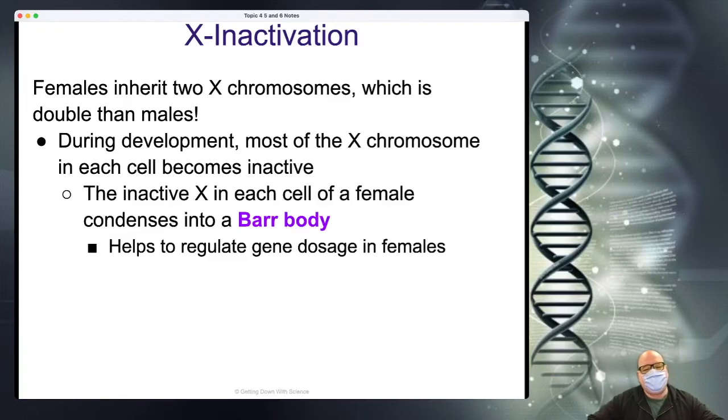So during female development, most of the X chromosomes in each cell become inactive, and it becomes this little thing called a Barr body. It condenses, and this helps regulate what we call gene dosage. We don't want that gene to be overactive, so one of them will condense down and become an inactive chromosome. Those are called Barr bodies.